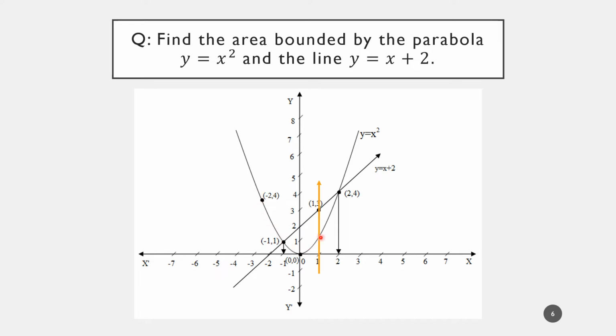This yellow line is entering the required region from the side of the parabola and exiting it from the line part. So these are what will constitute the variable limits for y, that is y equal to x square, this is the lower limit, and y is equal to x plus 2, this is the upper limit. The variation for x we already know is -1 till 2.